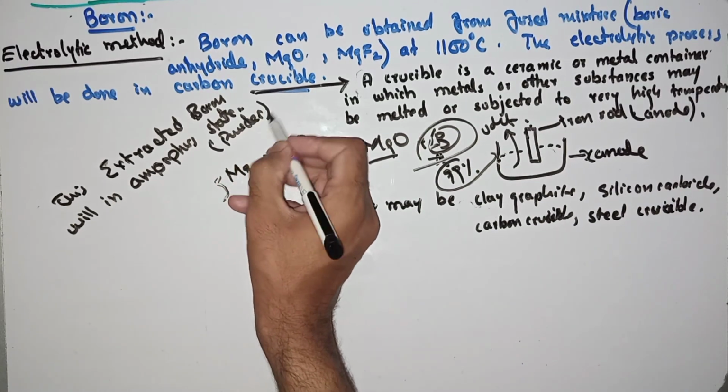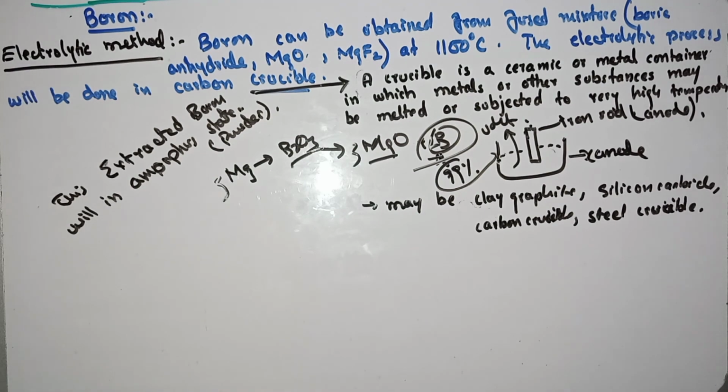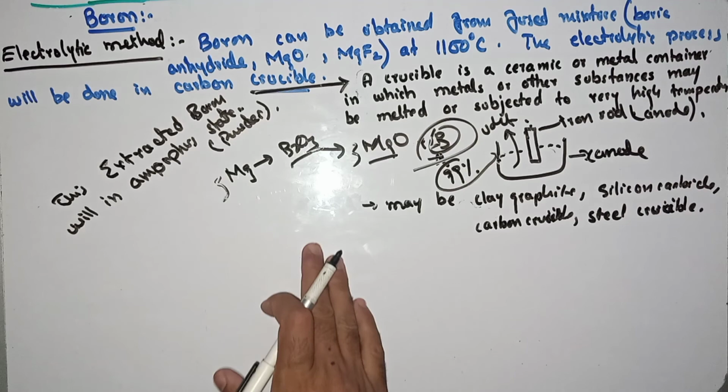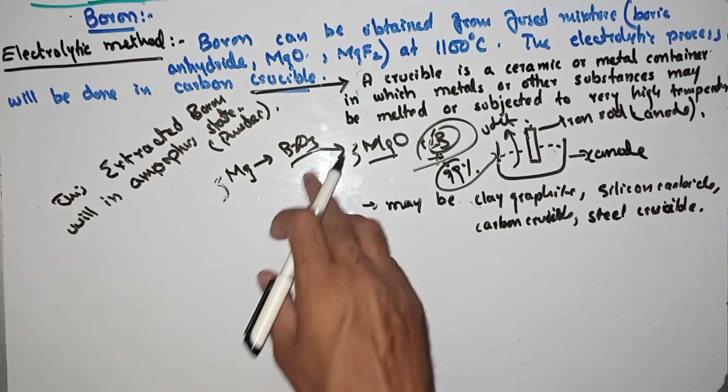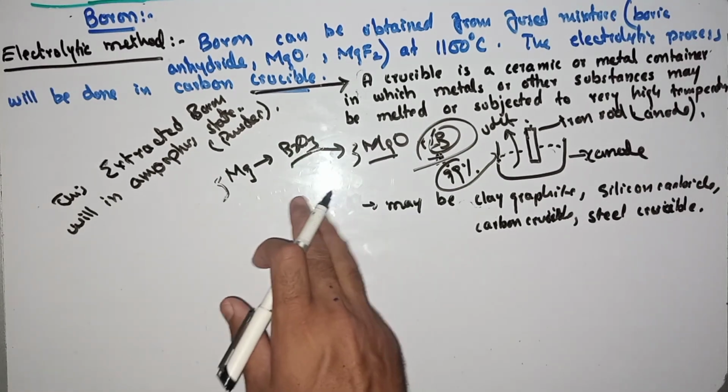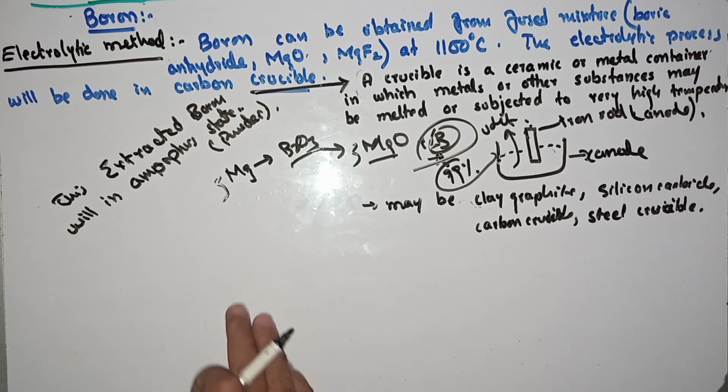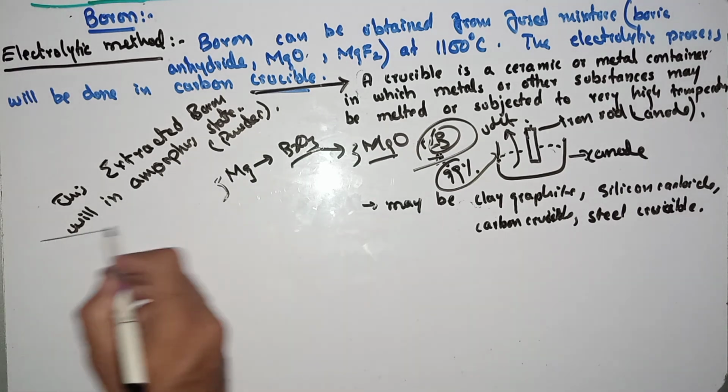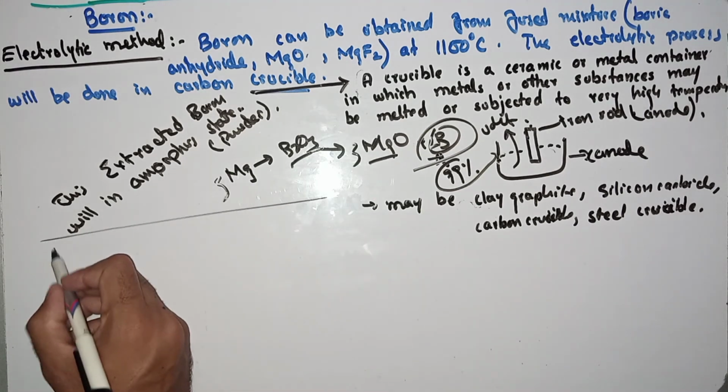Boron can be produced purely in hard, crystalline form, but the procedure for getting crystalline boron is different. So, the preparation of crystalline boron.